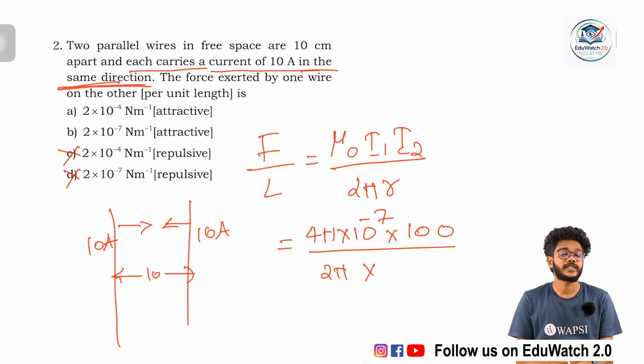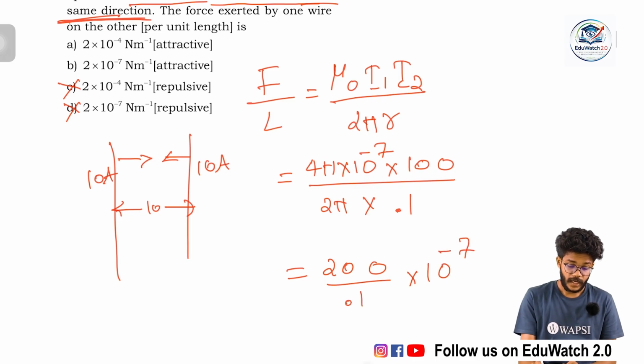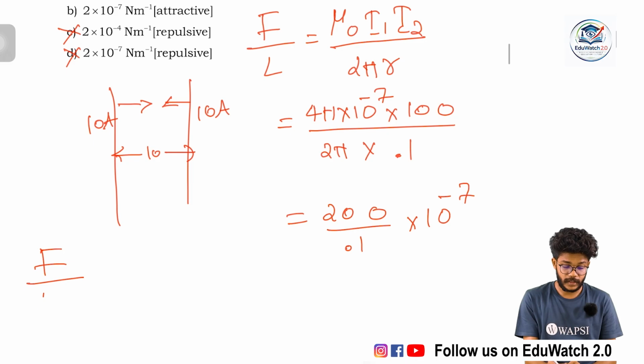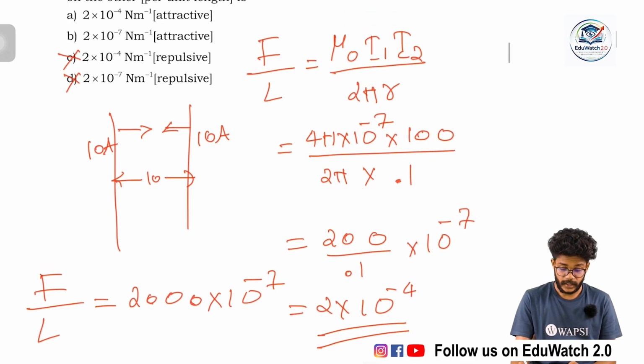Change that to the standard unit, meter. 10 centimeter is 0.1 meter. So 4 pi by 2 pi is 2, 2 into 100 is 200, 200 by 0.1 into 10 raised to minus 7. Therefore, the force per unit length is equal to 2000 into 10 raised to minus 7, which is equal to 2 into 10 raised to minus 4 Newton per meter.